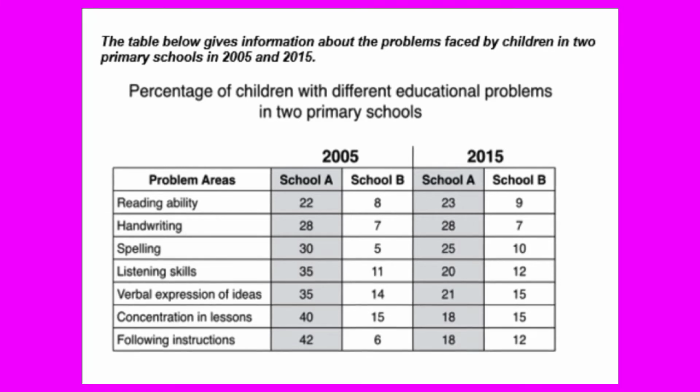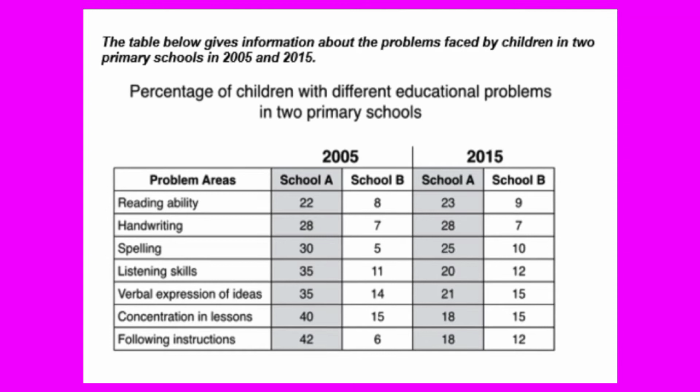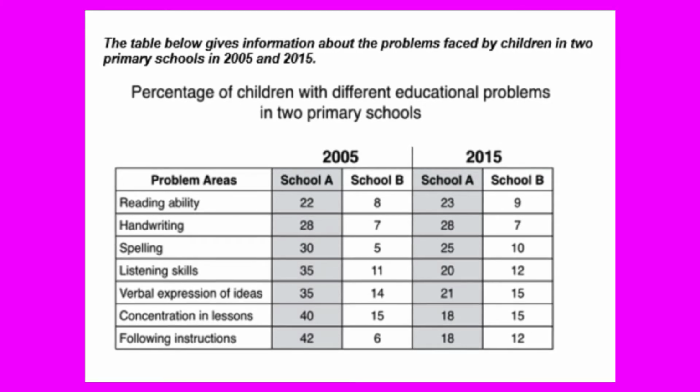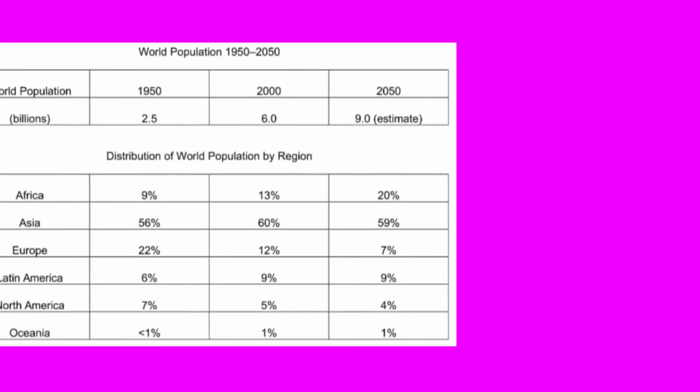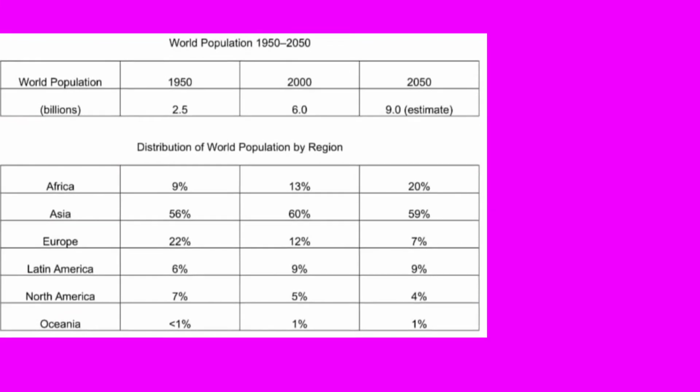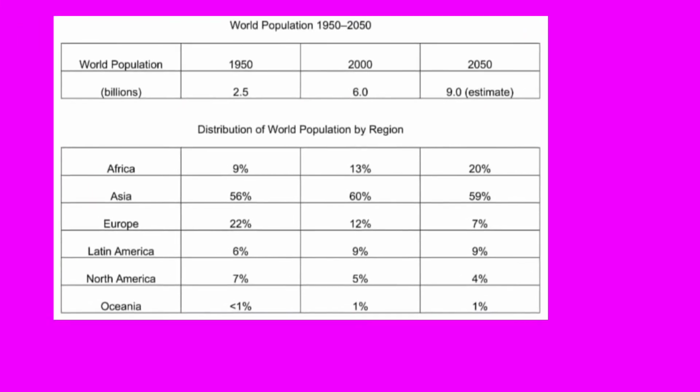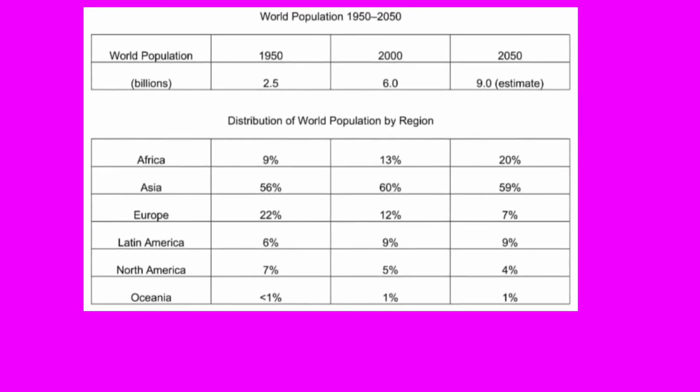Don't write about everything. Pick out the main features. And don't mention percentages or details or numbers here. The data is not required here. The place for details is the main body paragraphs. So you will be able to write down the details, the percentages, and the data in the body paragraphs.